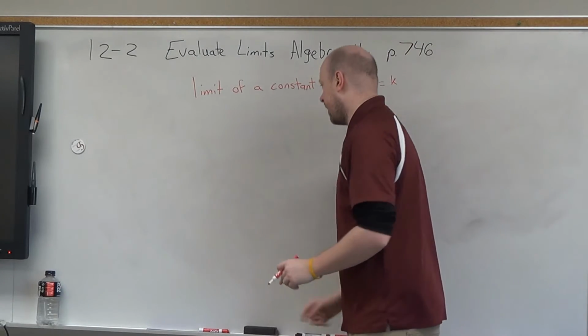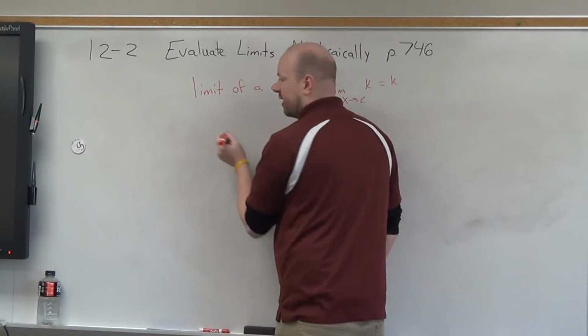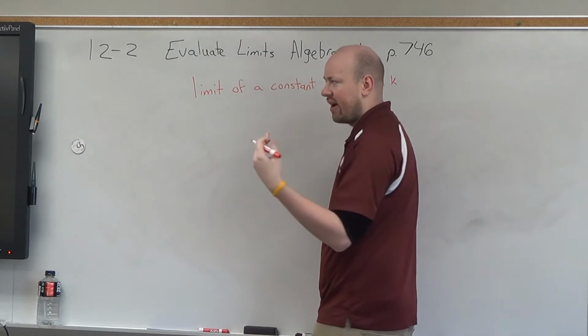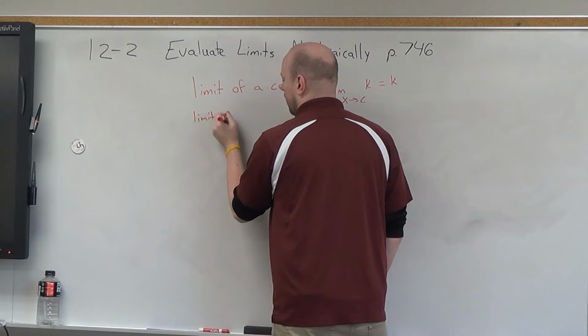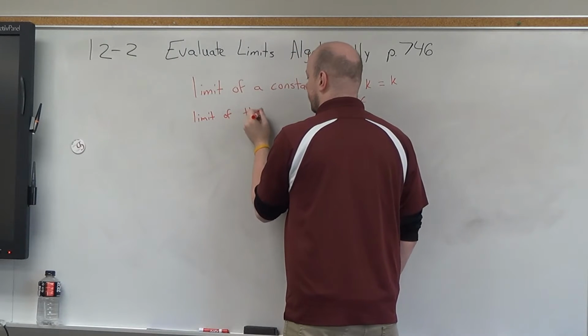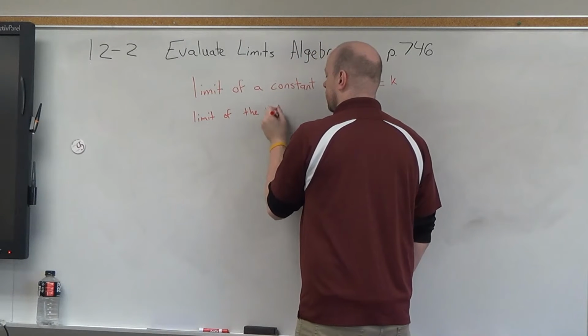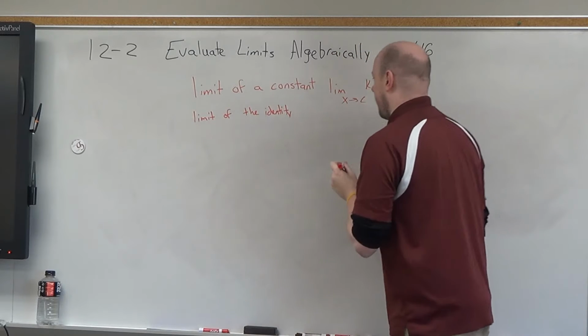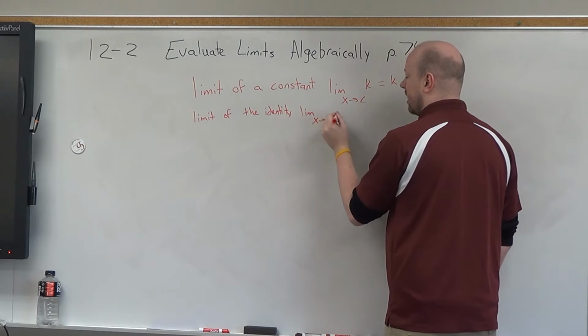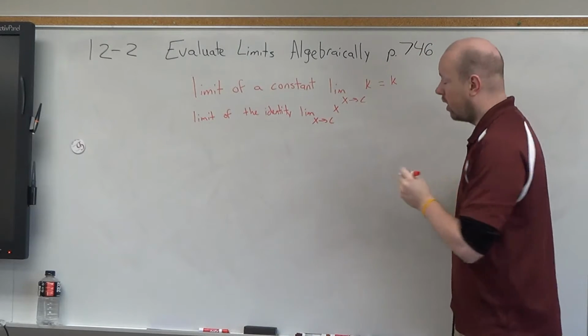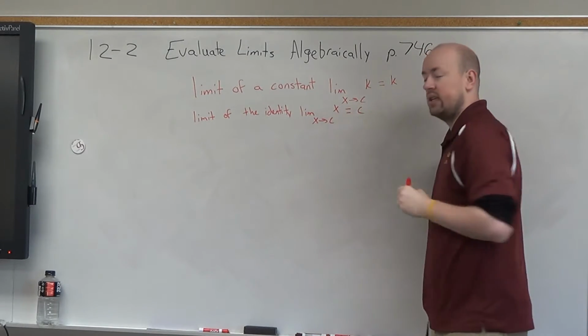Okay. And the other main one, before we start getting into how they combine and interact with each other, is the limit of the identity. So, if I have the limit as x approaches c of x, all I'm going to get is c.